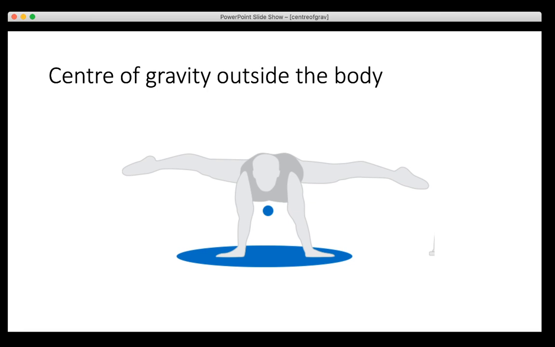And the blue circle you can see is the base of support. I will come to this in a later slide. It is also related to center of gravity. The point is, to achieve stability your center of gravity point should be almost at the center of your base of support. So what is the base of support? Base of support is the points at which you make contact with the earth or the floor. Here the hands are making contact with the floor.